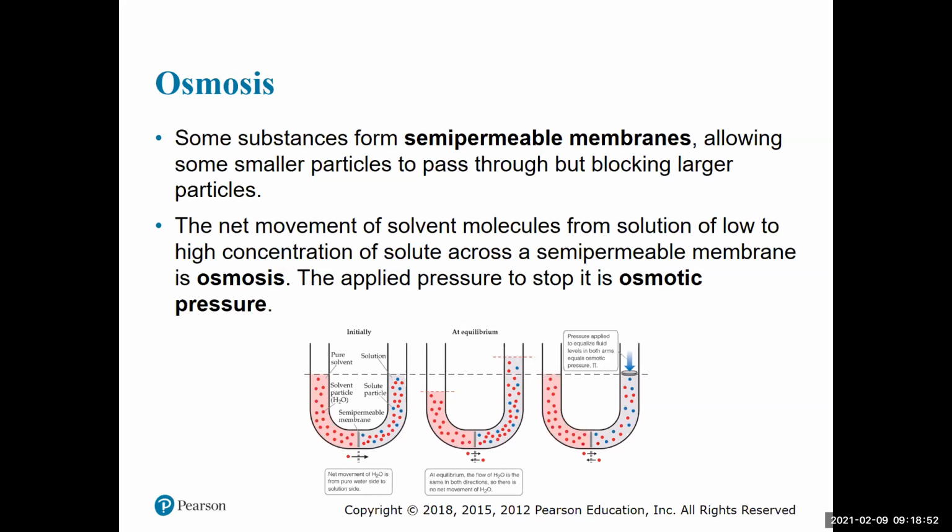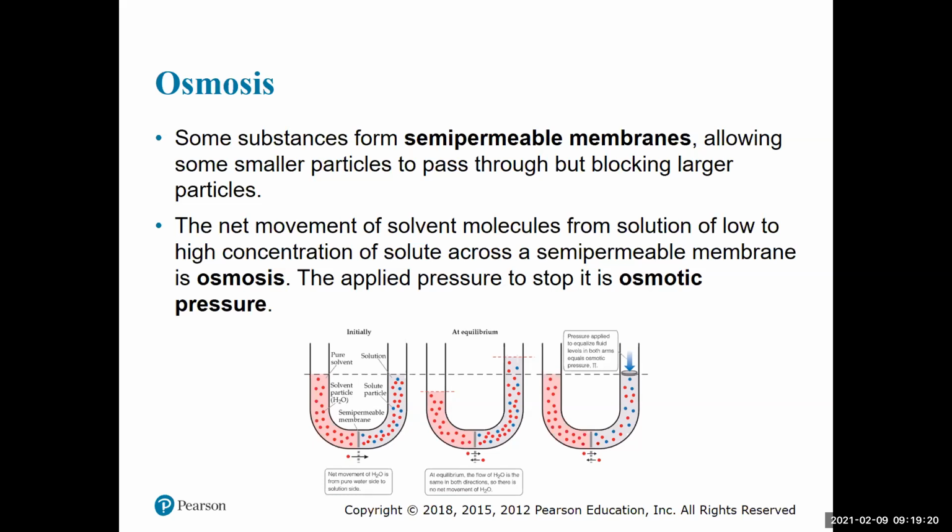What this usually means is that it's the solvent molecules that are moving. Like I said, water is a real common one. That's the pickle example. That's the blood example we'll see here in a little bit. What happens is the solvent molecules move from low to high concentration across that membrane, because really what they're trying to do is get things equal.